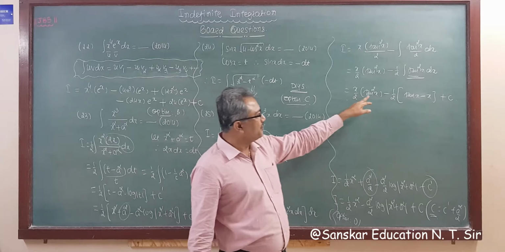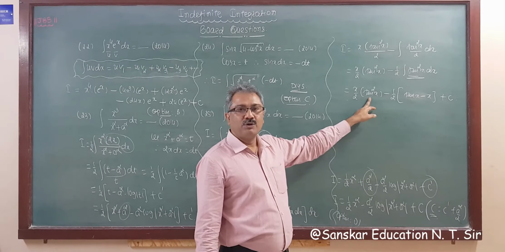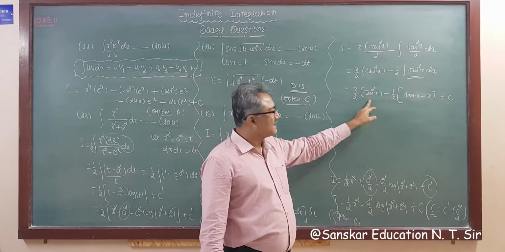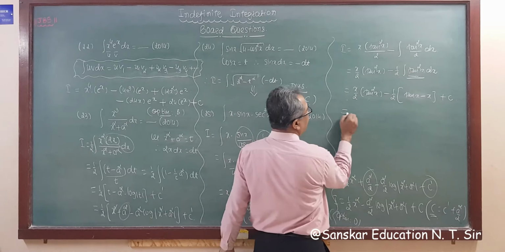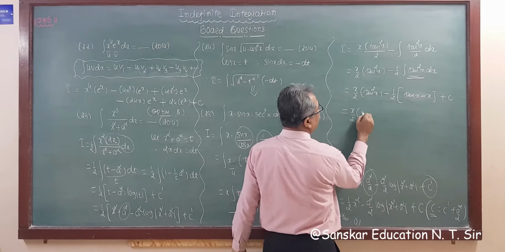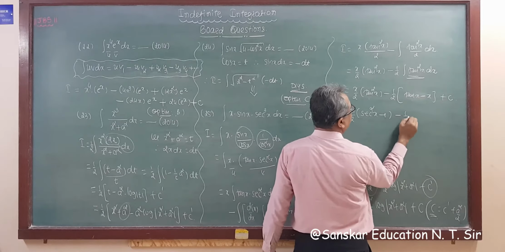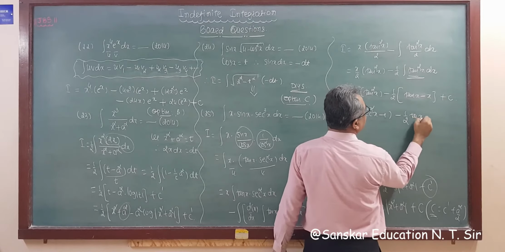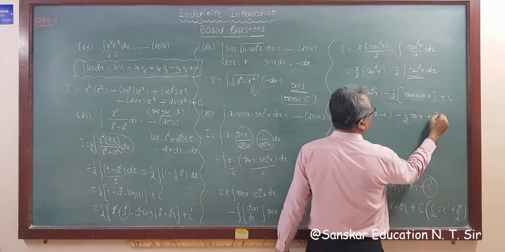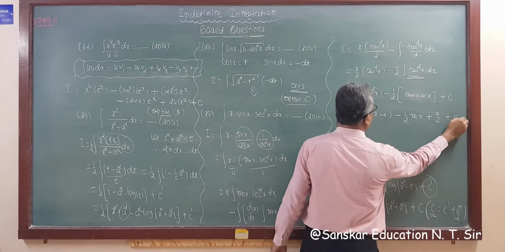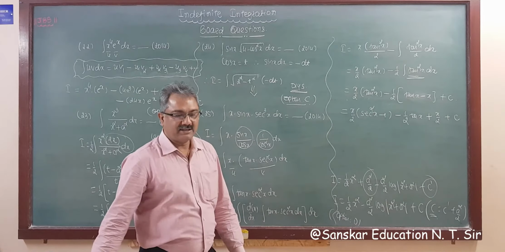Means we have to change this tan squared into sec squared, right? So I am changing this x by 2, tan squared x is sec squared x minus 1, minus 1 upon 2 tan x and plus x by 2 plus c. Now let us check, right?